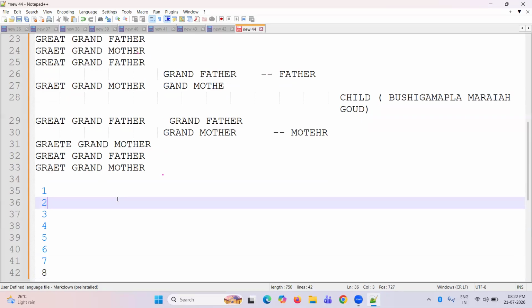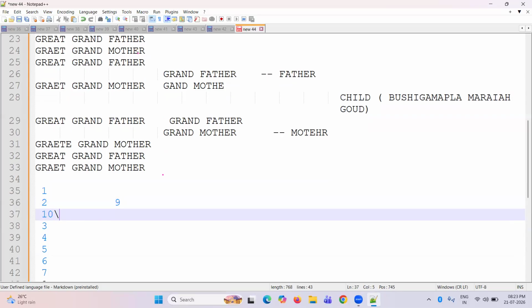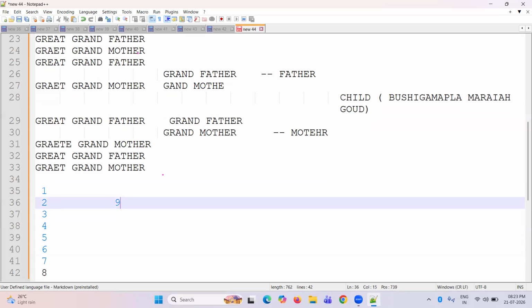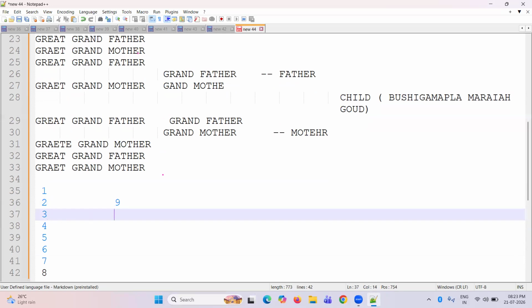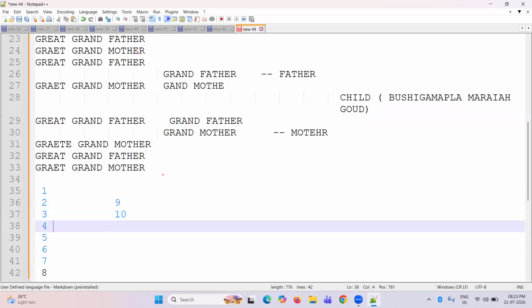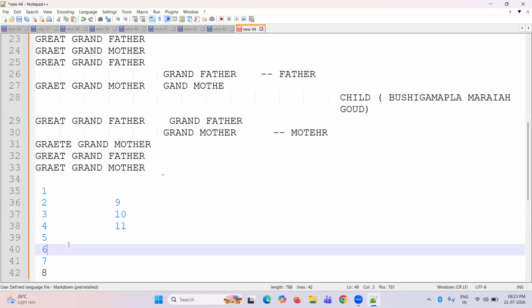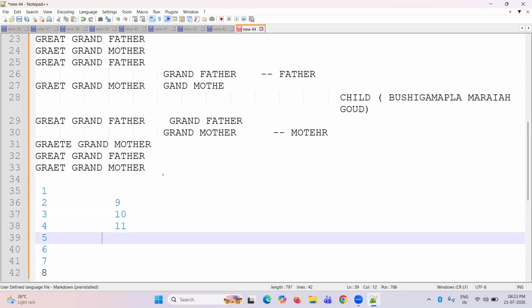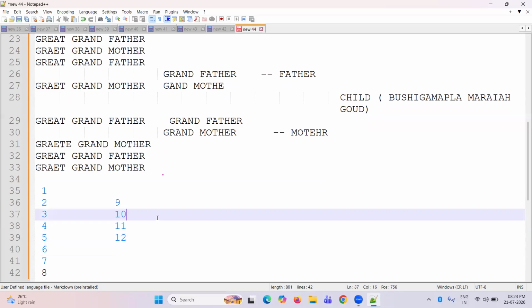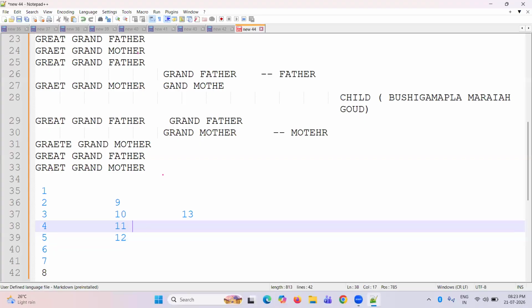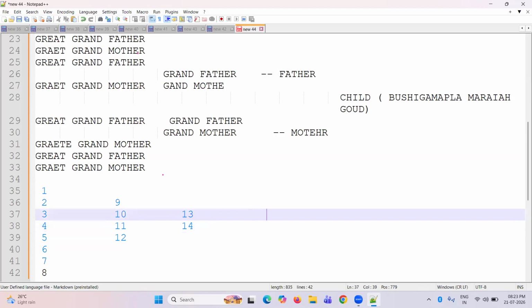From these we have the ninth one, tenth one, here the 11th one, and here the 12th one. And from these we have the 13th one, and here the 14th one, and this final one is the 15th one.